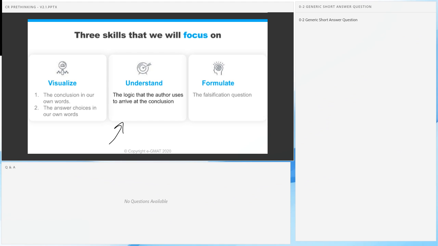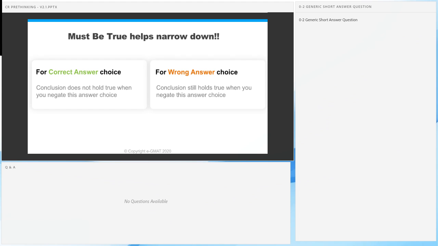We're going to focus on building the logic that the author uses to arrive at the conclusion, and then we're going to formulate the falsification question. Okay. For the correct answer choice, what you're going to really see is the conclusion will break down in the presence of the negated version. This is essentially applying the negation test. And for the incorrect answer choice, the conclusion will still hold true.